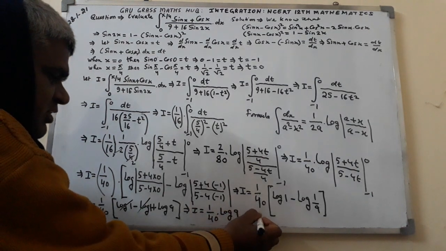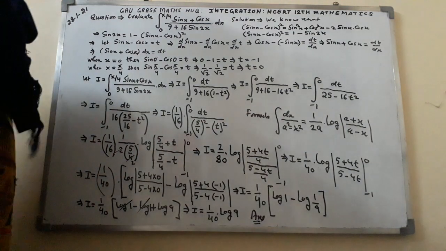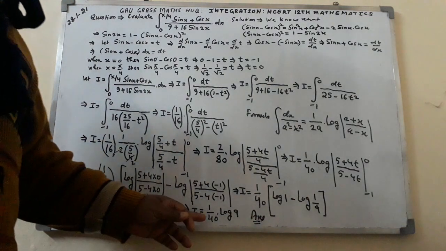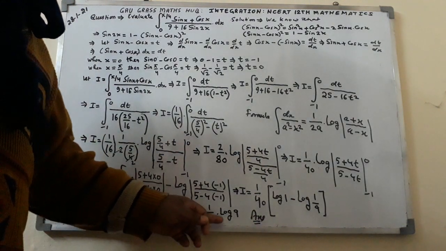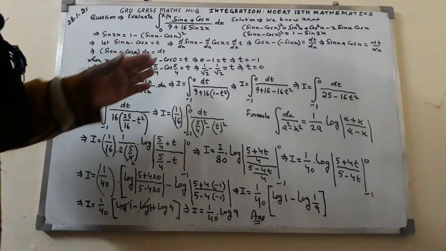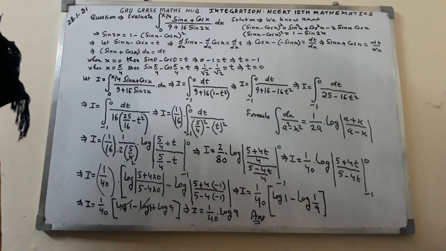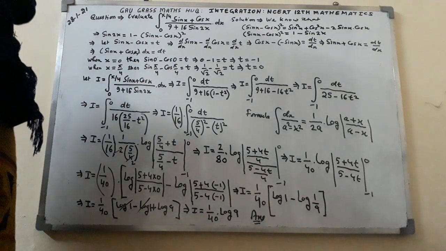This will be the correct answer you have got. The correct answer of this question we have got is 1 over 40 dot log 9. This is the proper explanation and solution of one question taken from integration, NCERT 12 mathematics. Okay guys, thanks.